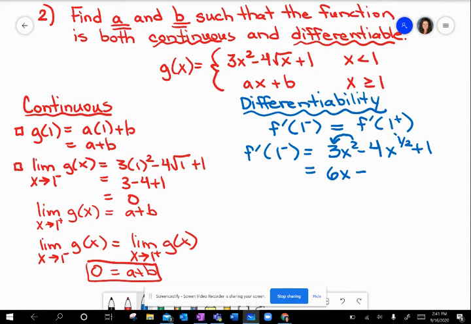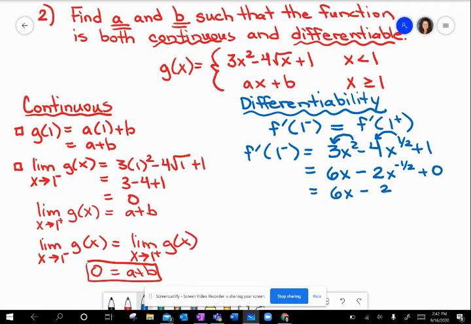Minus, power rule again, 1/2 times 4, which is 2, and then I have to subtract 1. Well, 1/2 minus 1 is negative 1/2. And the derivative of a constant is always 0. Now let me clean this up a little bit. We want to change negative exponents to positive.